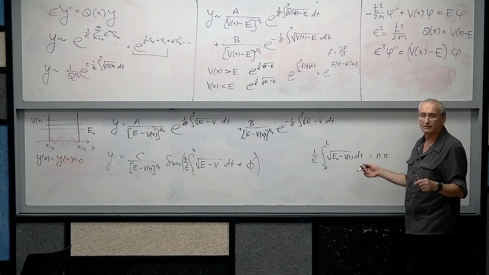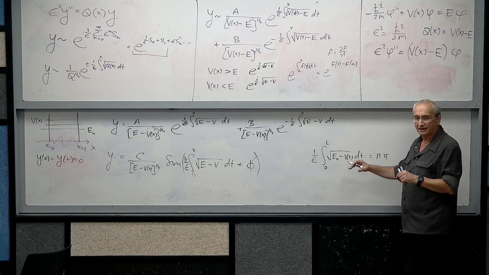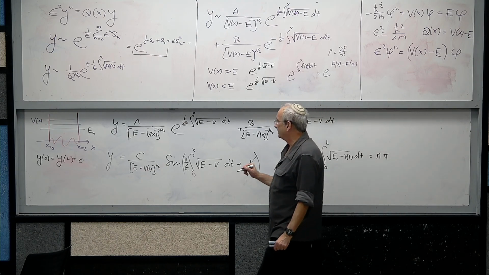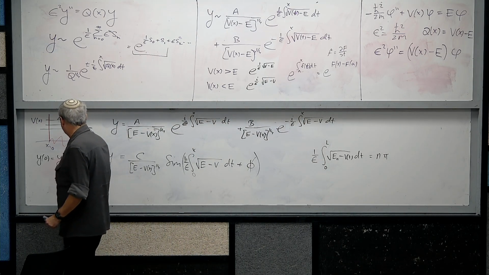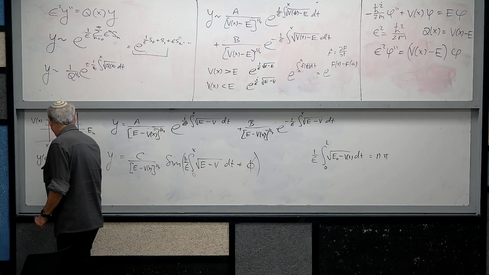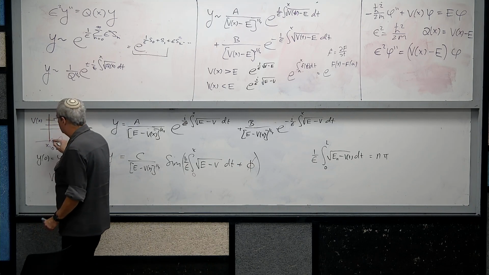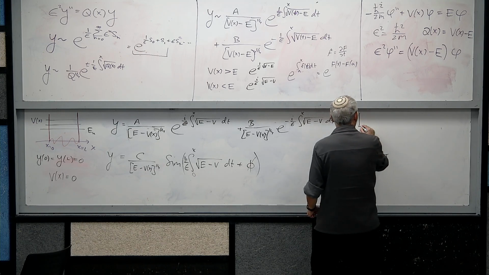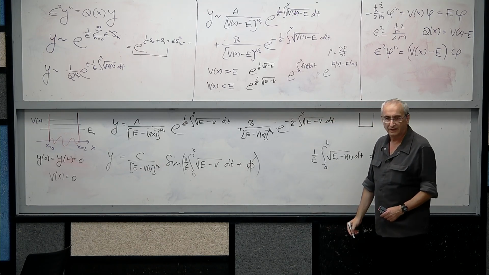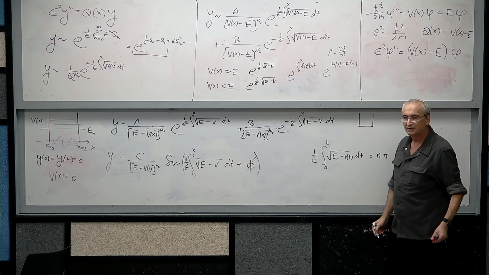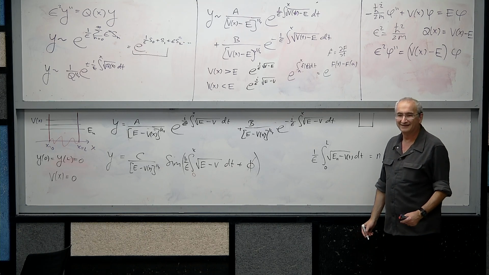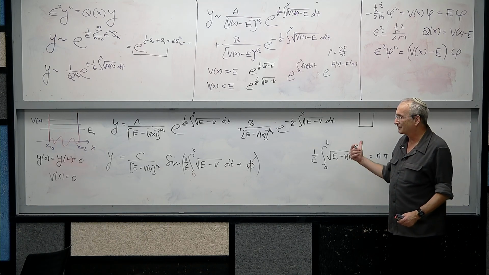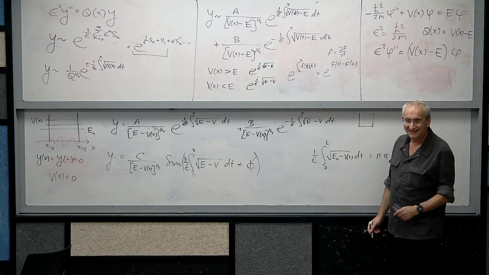So first I have to integrate, and then I can solve. A case that I will be able to solve immediately is a case where V of x is 0. A standard potential well, an infinite potential well from the course in modern physics, right?